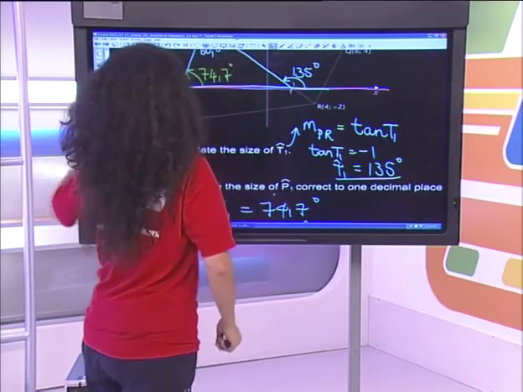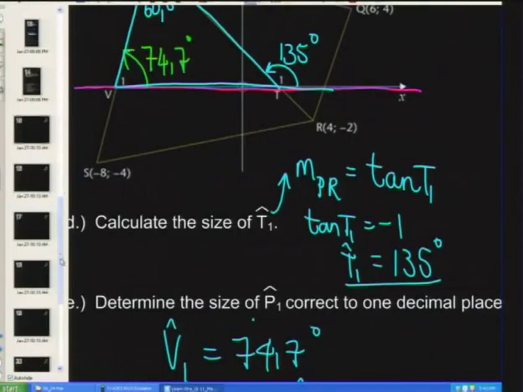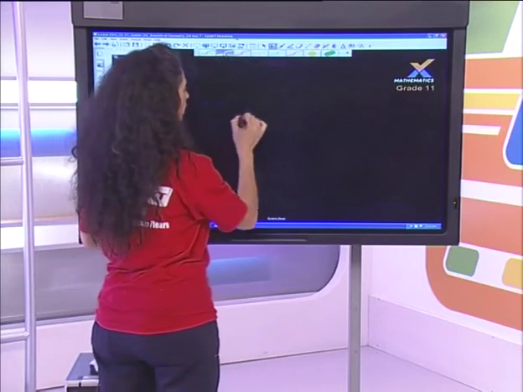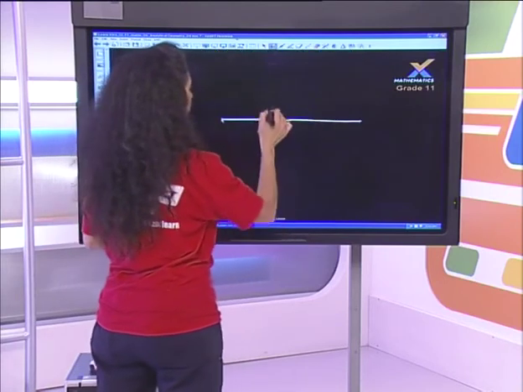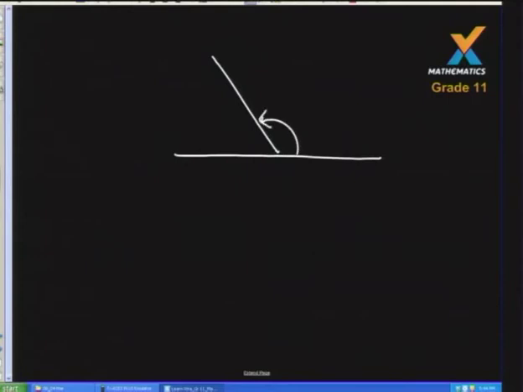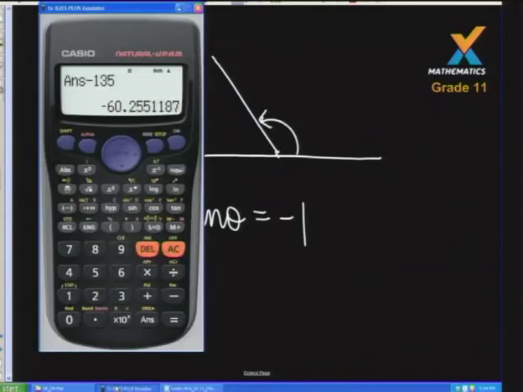Okay, so just in terms of a trig revision question, let's just go here. If we have this angle over here to calculate, then this is an obtuse angle. But if tan theta is equal to -1, what does your calculator give us?